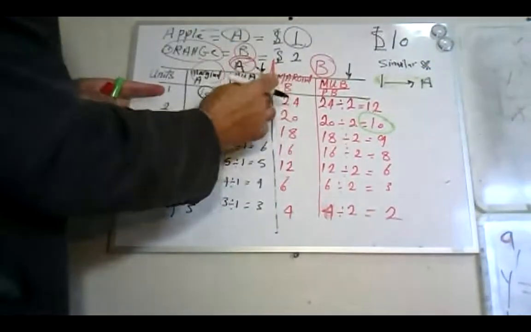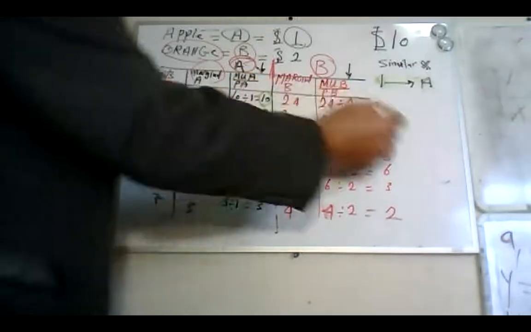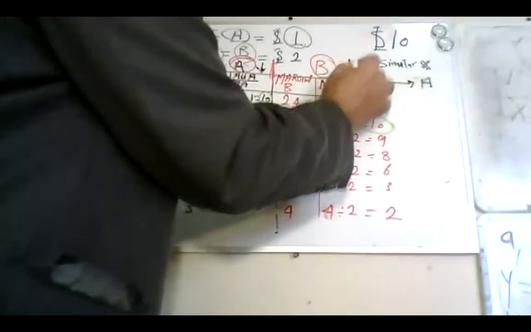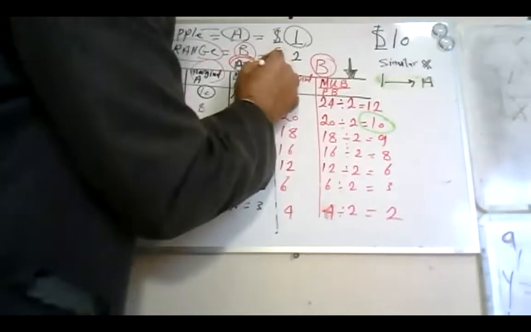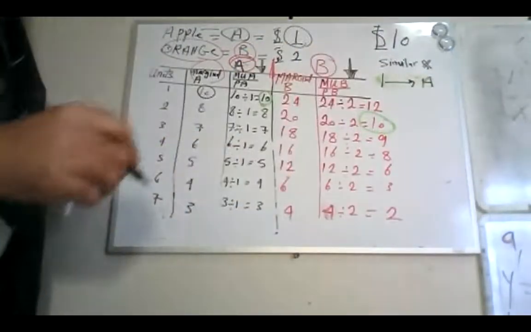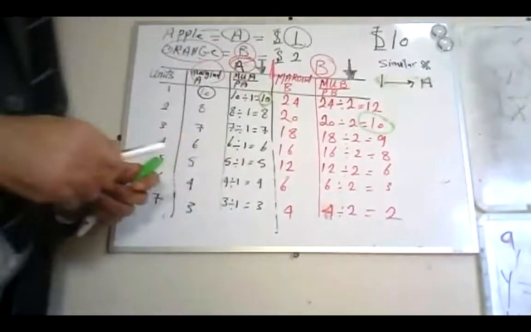That's fine. Here again, this 10, I'm looking for the similar numbers in both the groups, in both the columns. The first similar number is 10 and 10.